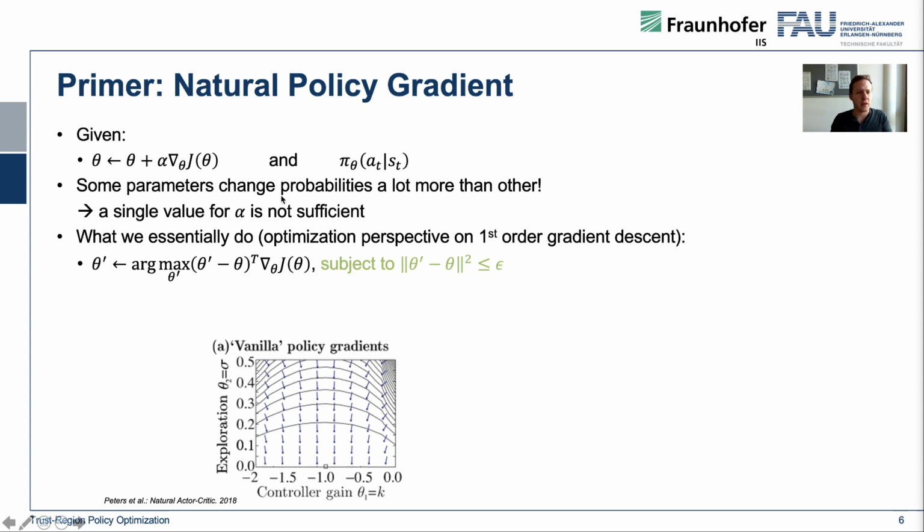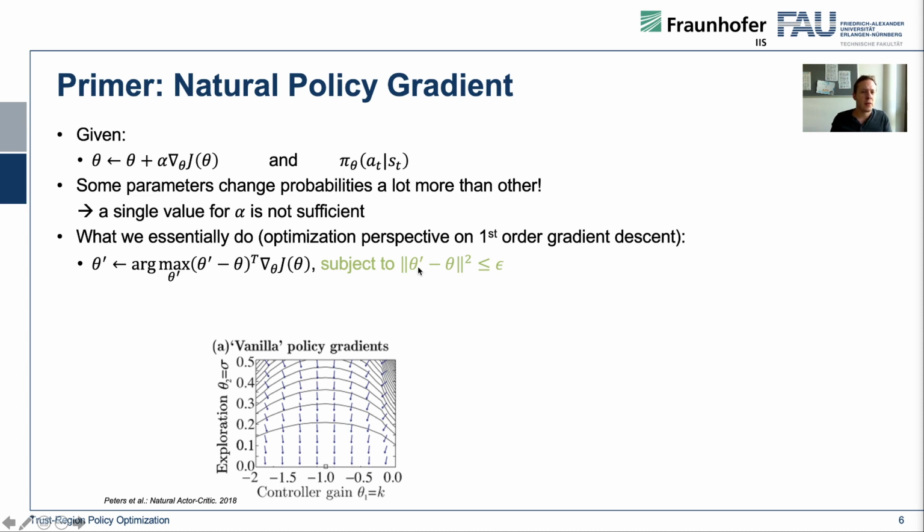If we take an optimization perspective on first order gradient descent, we want to find a new set of parameters, theta prime, that maximizes our objective function.